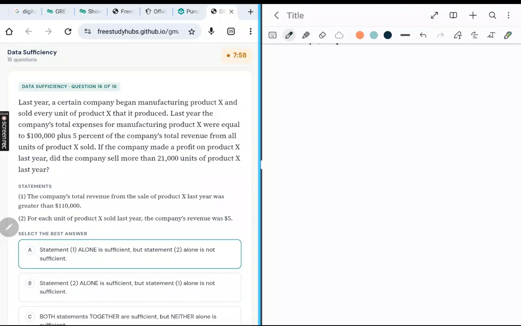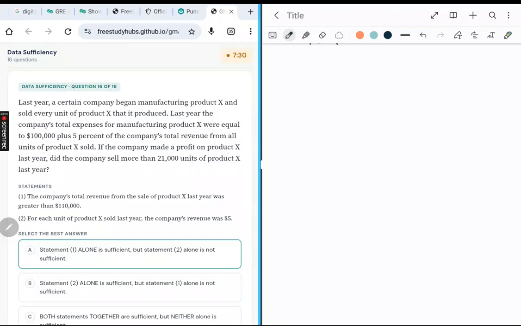Statement 2. For each unit of product S sold last year, the company revenue was $5. Now, if it's $5, remember, for them to cover $100,000, they need to sell at least 20,000 units.